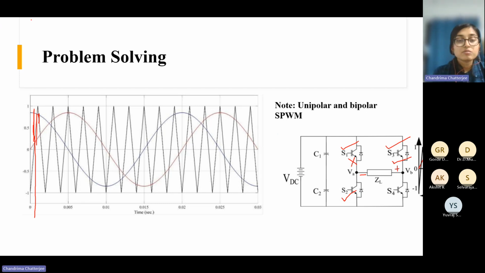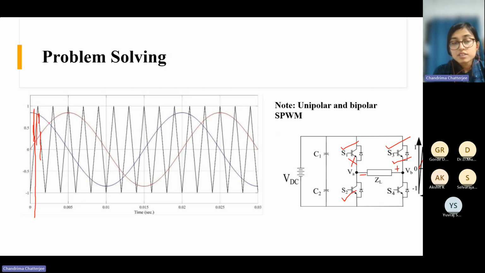And again, if you analyze this portion, the carrier signal is low, right? From this one to this one, the carrier signal is lower than the reference signals, right? So both of them are on again, so zero voltage.